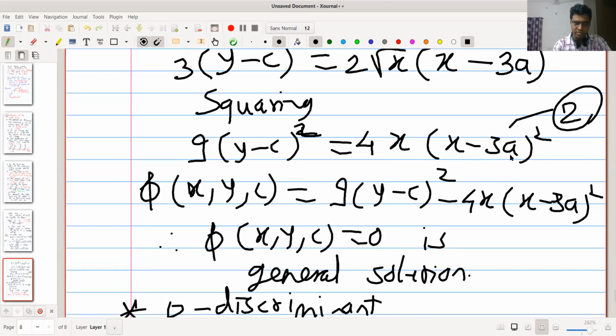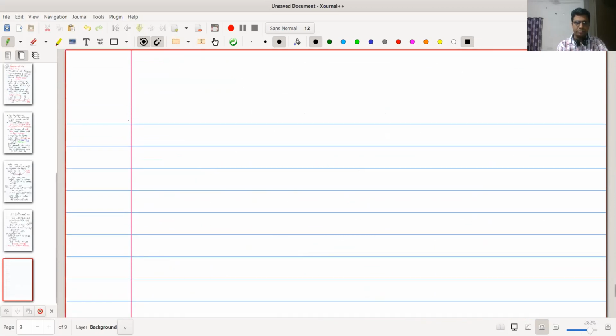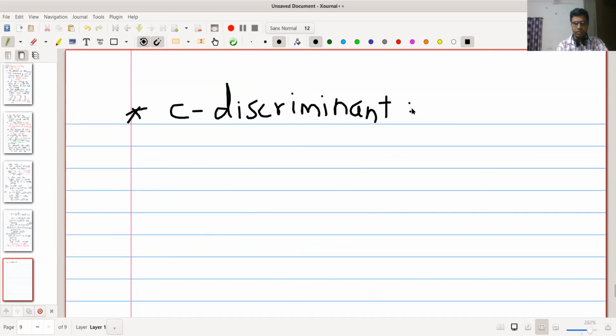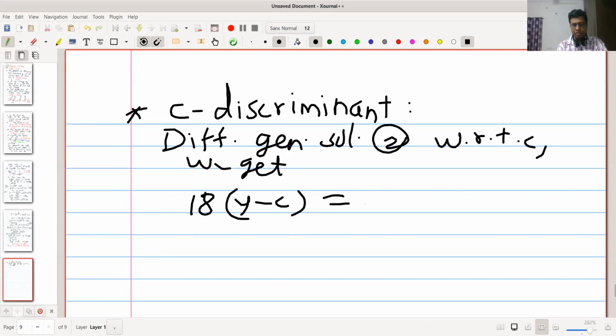So let us see the c discriminant. Differentiating the general solution 2 with respect to c, we get 18 into y minus c equal to 0.